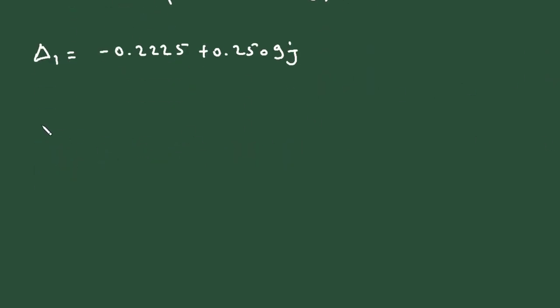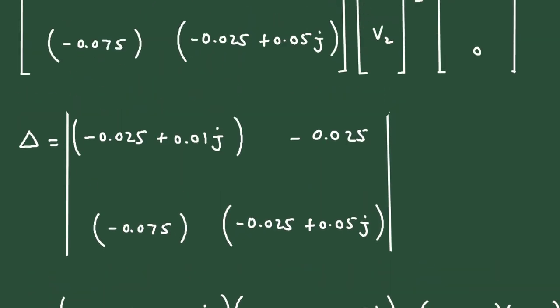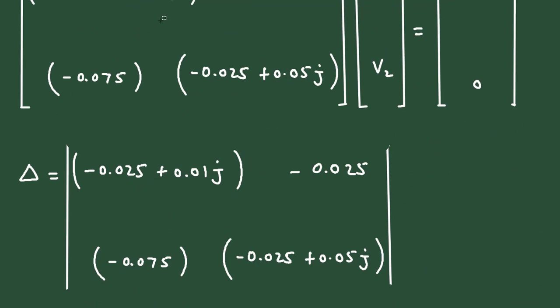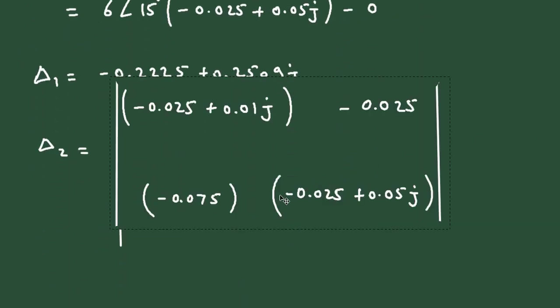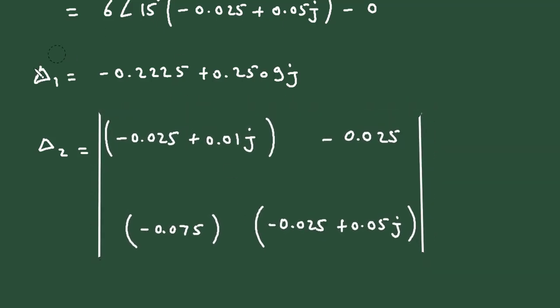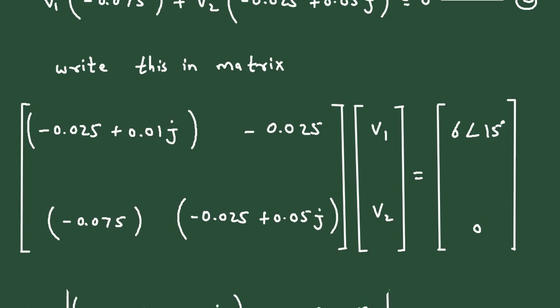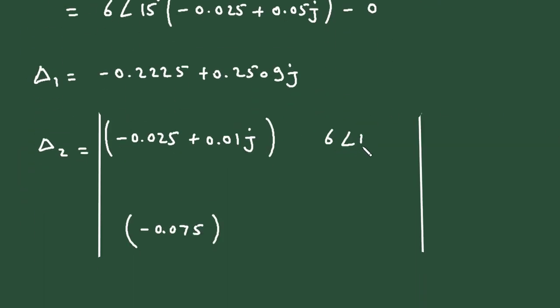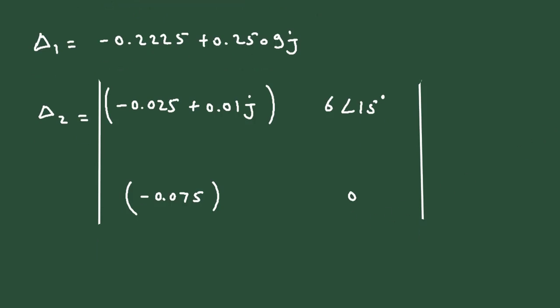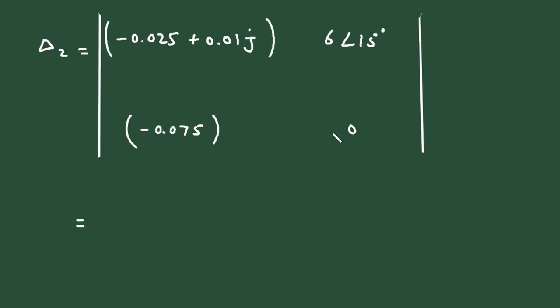Next, the value of delta 2. So for delta 2, first column will remain same like this. Let's take this matrix from here directly. But this second column will change and these values will be 6 at an angle 15 degree, 0. So this into this will be 0 minus this into this.